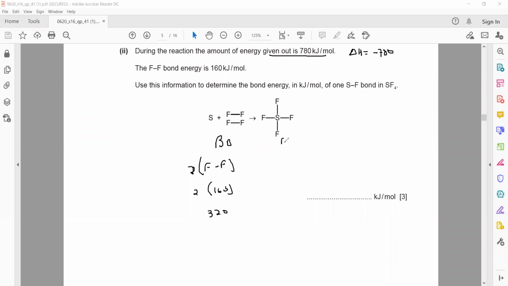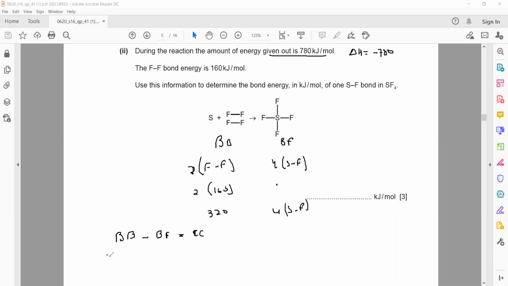And bond forming, the product side, is bond forming. So 1, 2, 3, and 4. So 4 sulfur fluoride bonds are formed. We don't know the value, so we will write it like this: 4 sulfur fluoride bonds. And the formula is bond breaking minus bond forming is equal to the energy change.